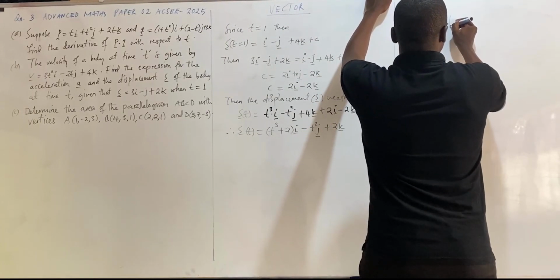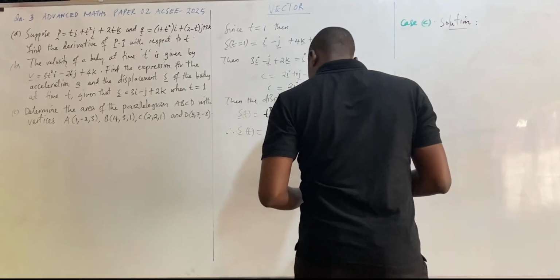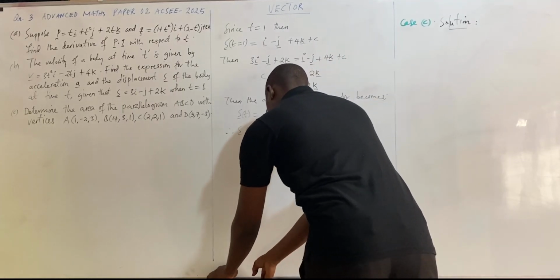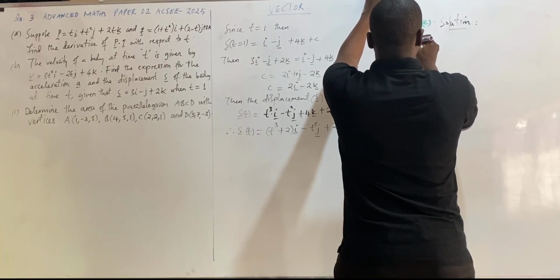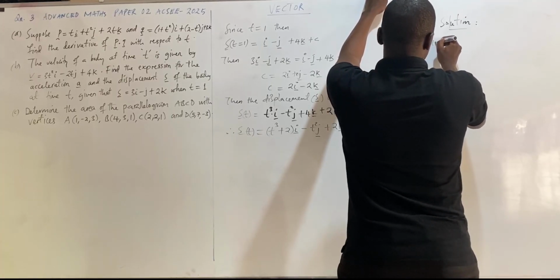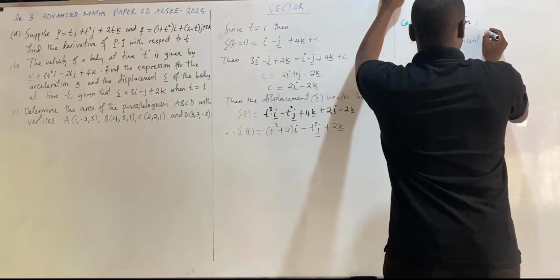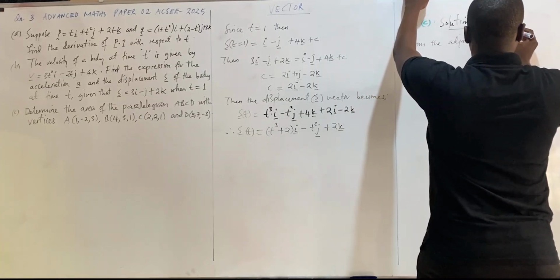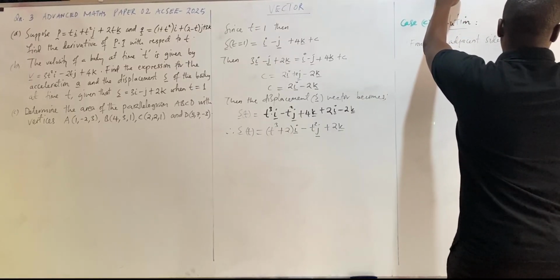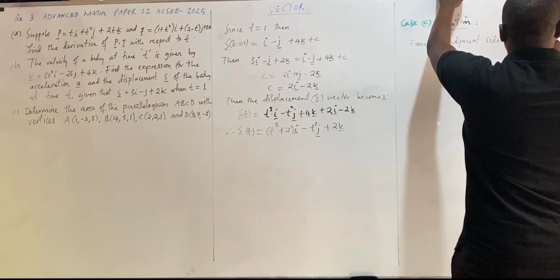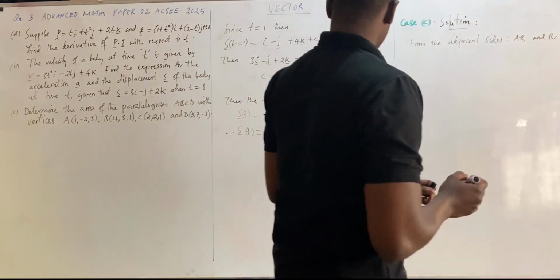We can say solution. From the adjacent sides, here will be AB and BC. So these will be the adjacent sides of the parallelogram.